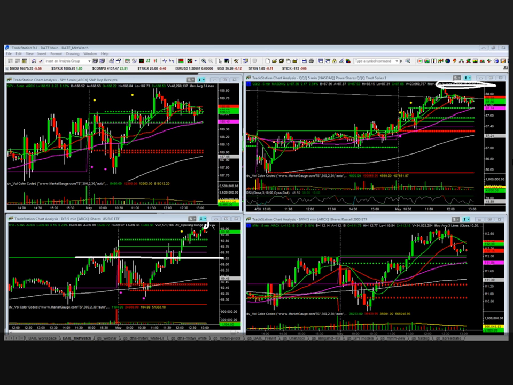Different pattern I might, but on this pattern I don't want to pay up for fear that the Qs are going to perhaps struggle here for a while. I fully expect that if the Qs come back and take this out, I will be way too late, and this thing will probably be over 70. So it's kind of now or never, most likely with this. So I'm going to say it's never for right now. All right.